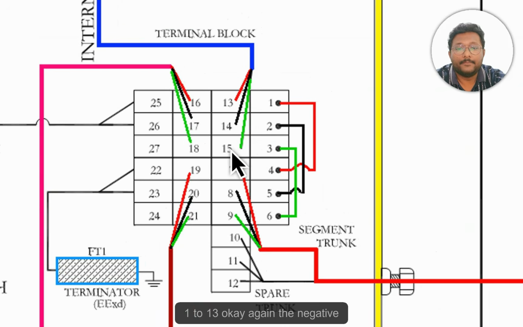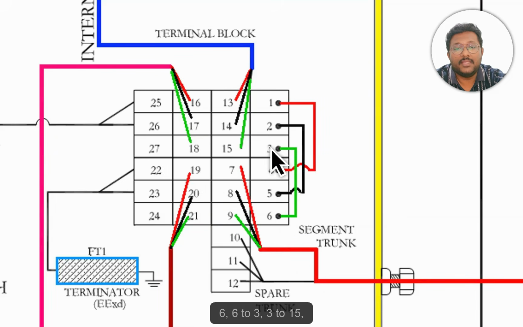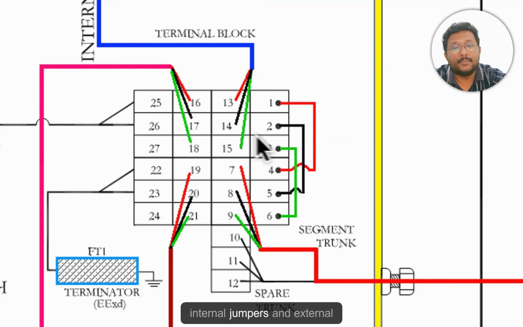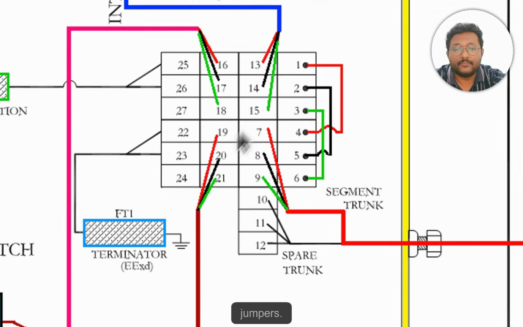Again, the negative is connected to 8, 8 to 5, 5 to 2, 2 to 14, or 8 to 20. Again, shield 9 to 6, 6 to 3, 3 to 15, 15 to 18, or 9 to 21. See, these are all connected in parallel, simply using jumpers, internal jumpers and external jumpers.